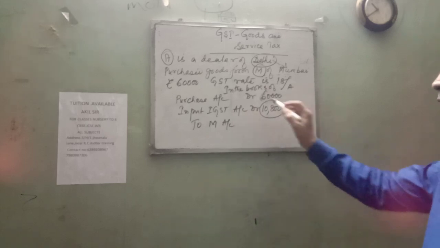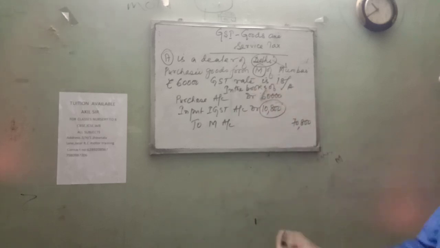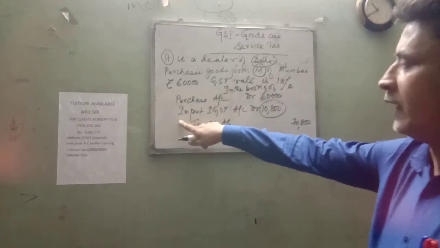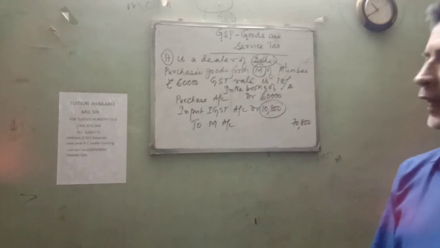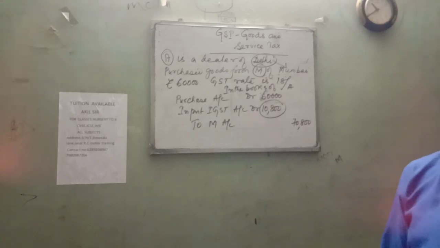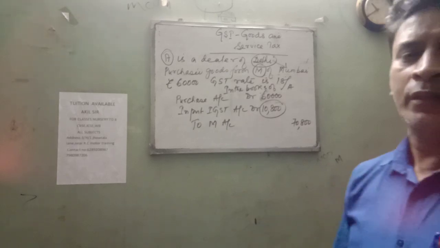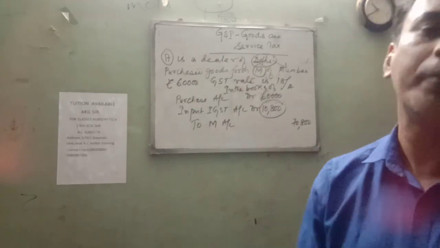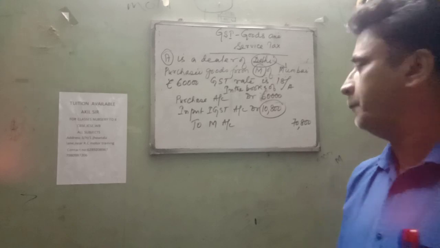In the books of M, it would be A account debit to output IGST to sales. In the books of M, it would be output, meaning here M collected tax from A. Okay.